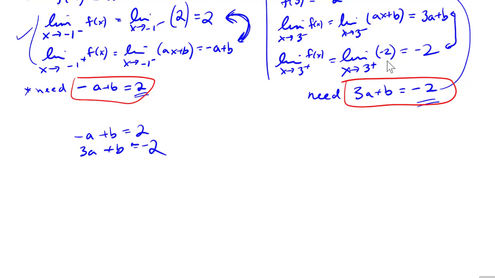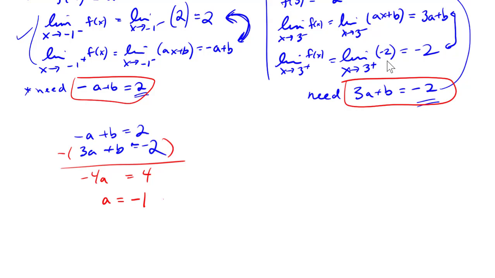I can do that a lot of different ways, but let me just subtract these because I have both b's there. Negative a minus 3a is negative 4a, b minus b is 0, 2 minus negative 2 is 2 plus 2, so 4a is 4, which means a is negative 1.